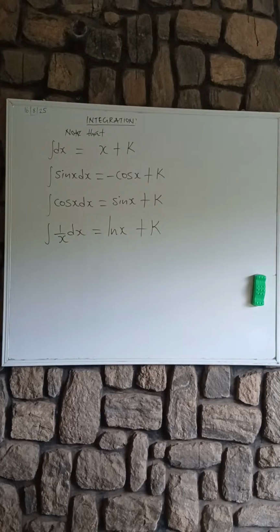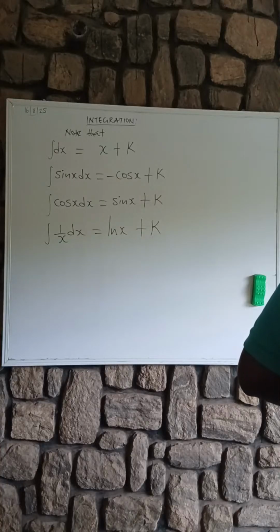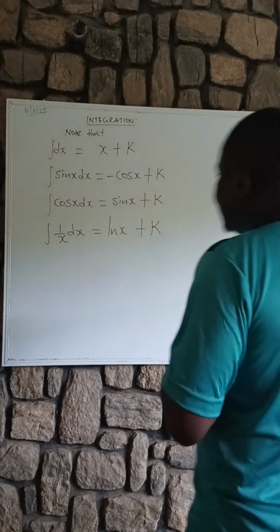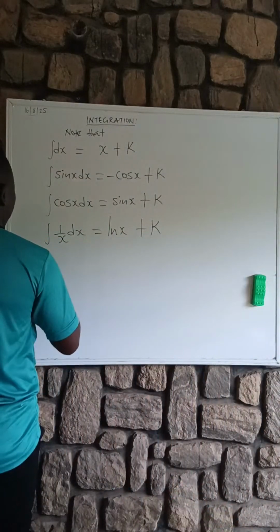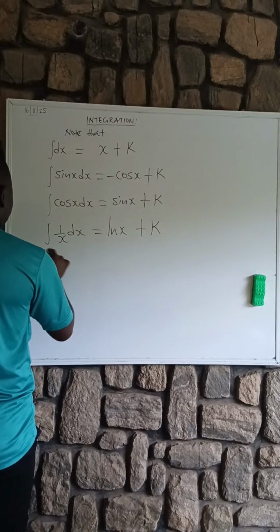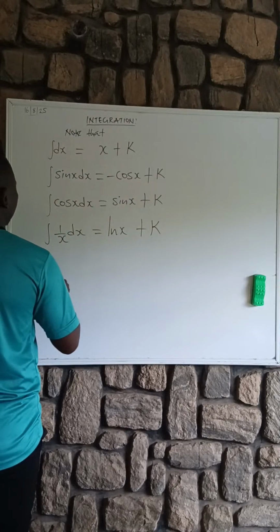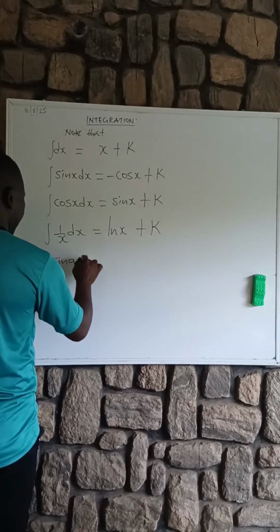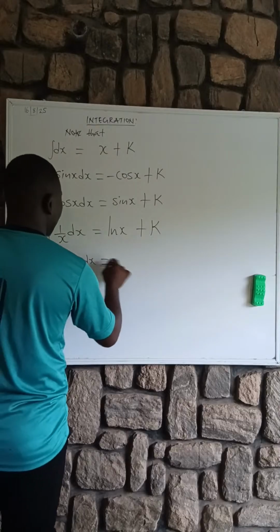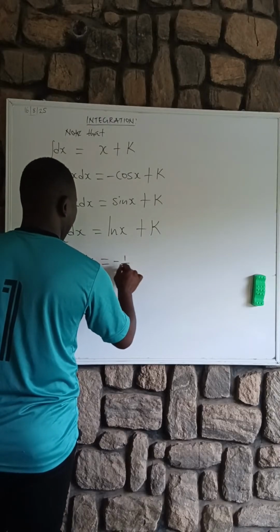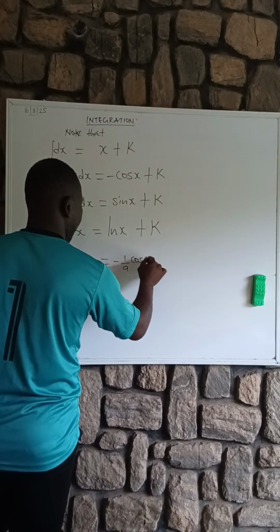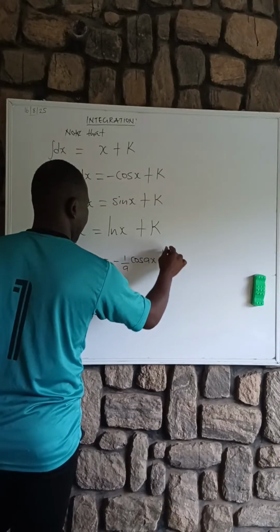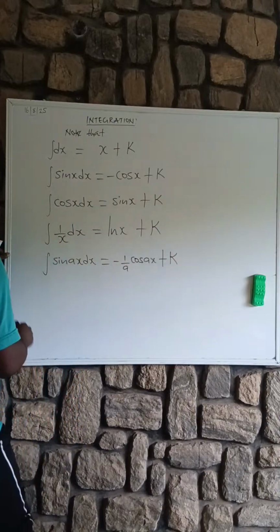So take note of all this. Likewise, if you are to integrate sine ax dx, we are supposed to have minus 1 all over a cos ax plus any constant. Take note.